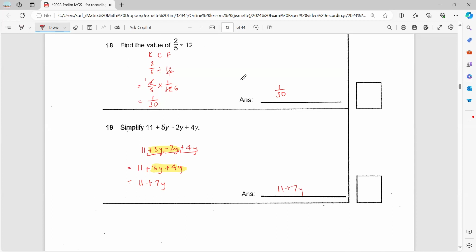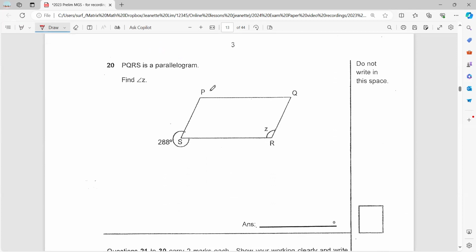Okay, question 20. PQRS is a parallelogram. Find angle Z. So if this is a parallelogram, this would be parallel lines. To find Z, we can take 180 minus this PSR. So to find angle PSR, we'll take 360 minus 288, which is 72 degrees.